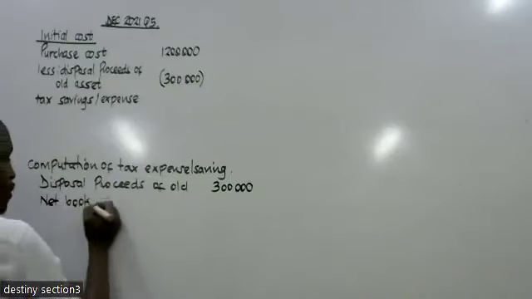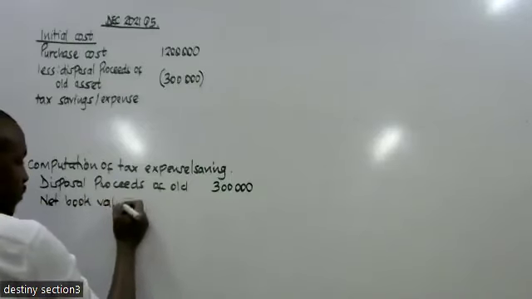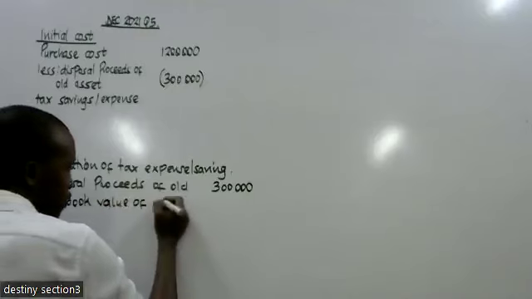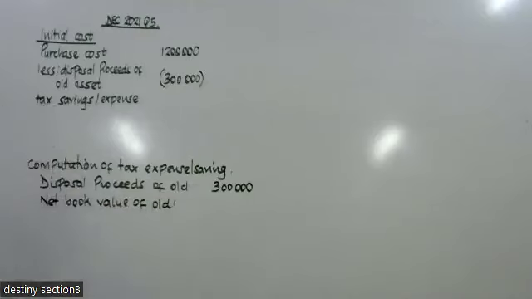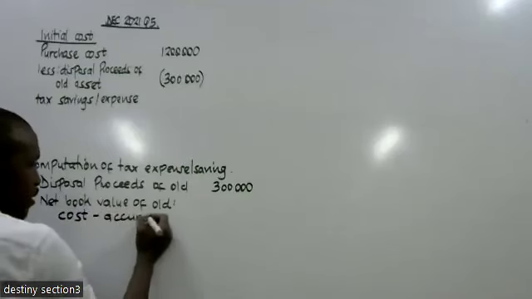Net book value of the old asset, the one you're disposing. We know that the net book value of an asset is normally the cost minus the accumulated depreciation.